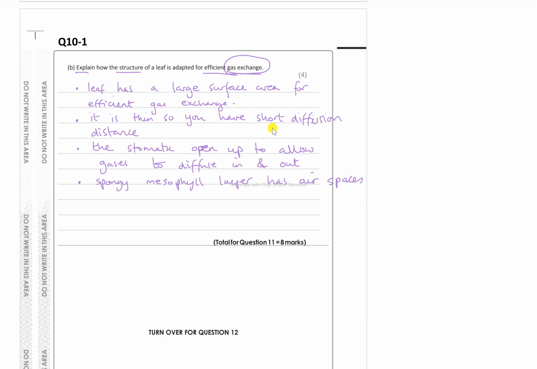And it is moist, so it allows gases to diffuse in and out by dissolving. Diffuse in and out by dissolving.